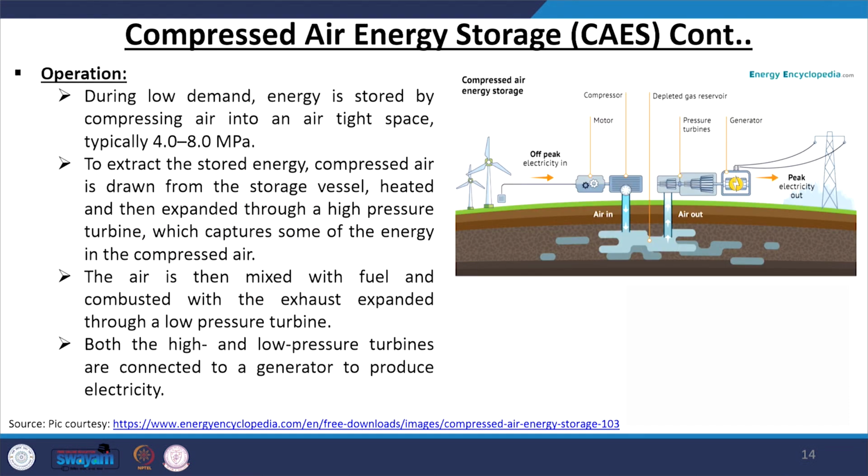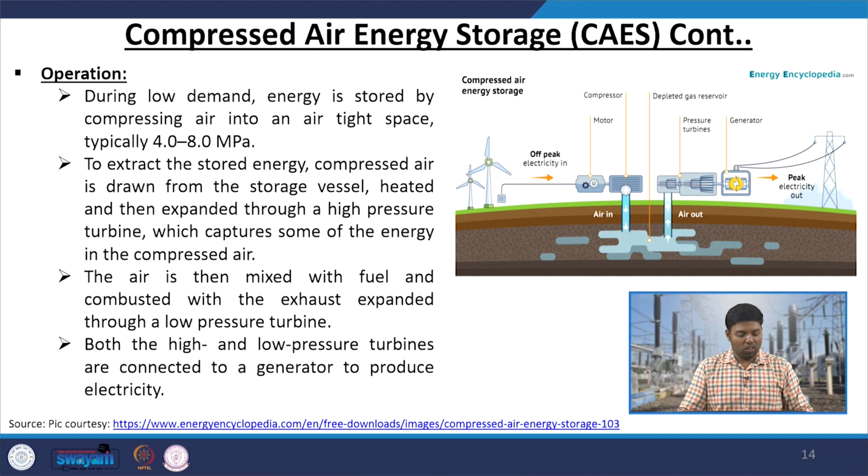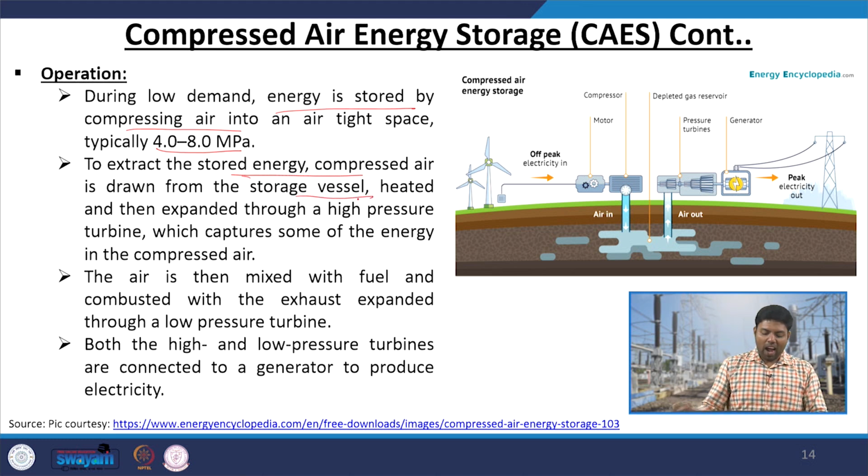So, this is the operation of compressed air energy storage, where at low demand time energy is stored as compressed air at almost 4 to 8 megapascal of pressure underground, and you have stored that energy as high pressure energy. You will store it and then you will release it when you need it.